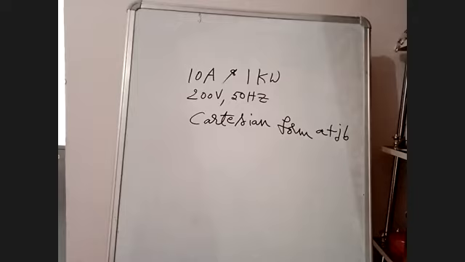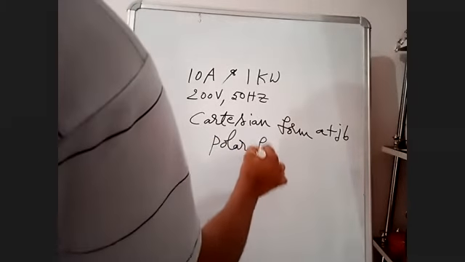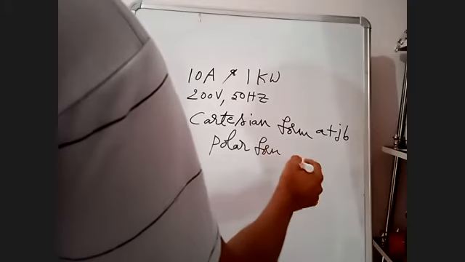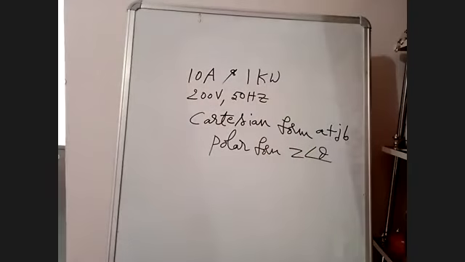Second bit: the impedance in polar form, Z at an angle theta.